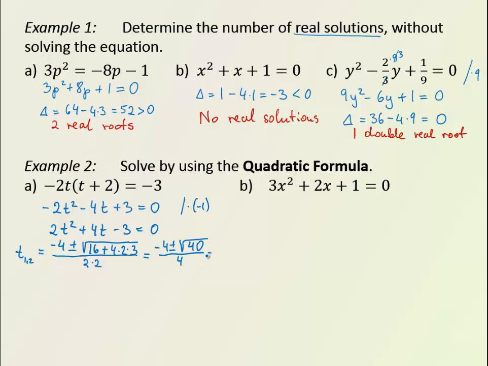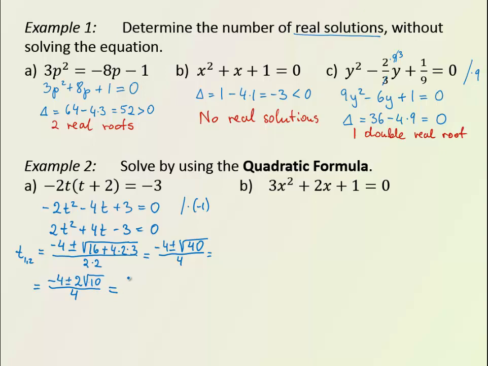And now it would be good to simplify this root. So we could pull the 2 out, because 40 is 4 times 10. Pull the 2 out of the radical, and it's root 10 divided by 4. Remember that we can't cancel 4 and 4 like this, because this 4 is not a common factor for the numerator. In order to reduce anything, we need to factor first.